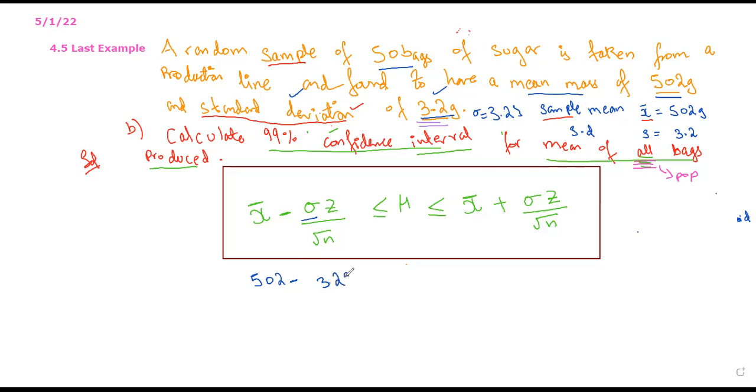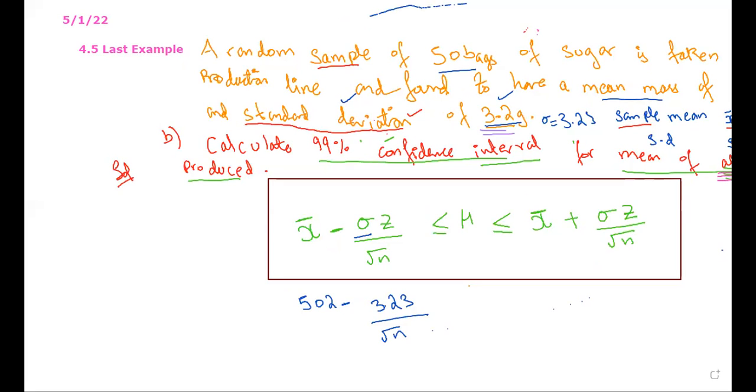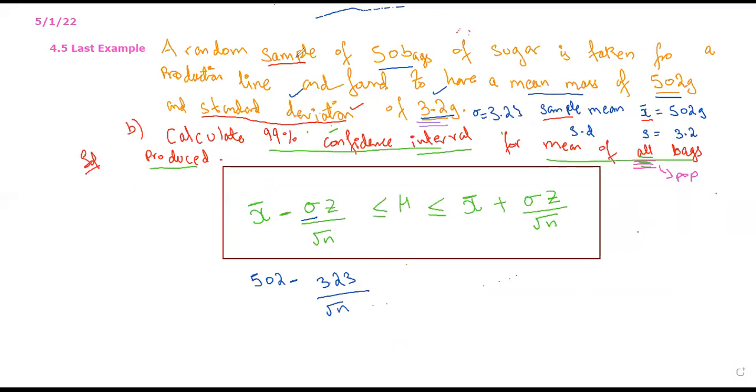This is 3.23 divided by under root n. Okay, so it is 3.23.